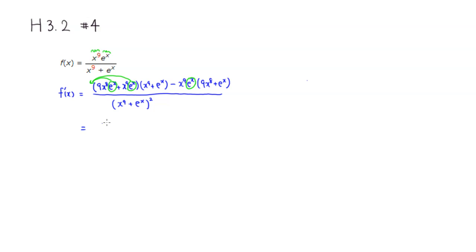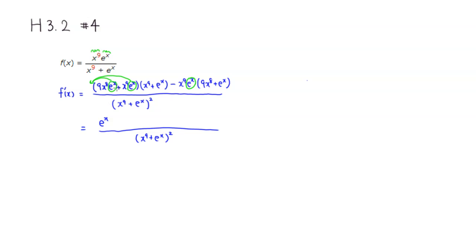So one of the common factors is e to the x. So put that there. And the denominator stays the same, so I'm just going to copy the denominator here. What else is in common?